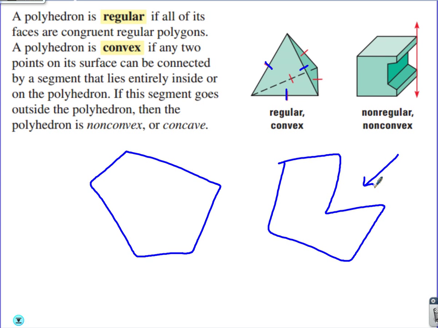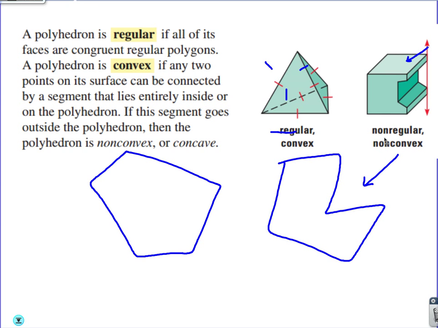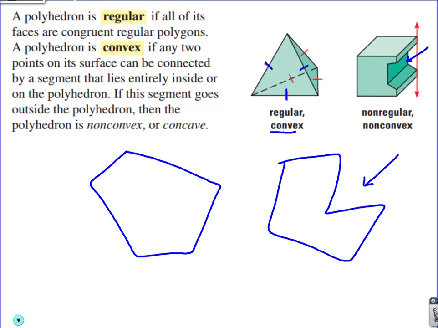You have convex here versus, see where it's caved in here? Concave. Non-convex is what they actually say instead of concave. A polyhedron is convex if any 2 points on its surface can be connected by a segment that lies entirely inside, or that's confusing. Y'all see the difference? You see the difference.